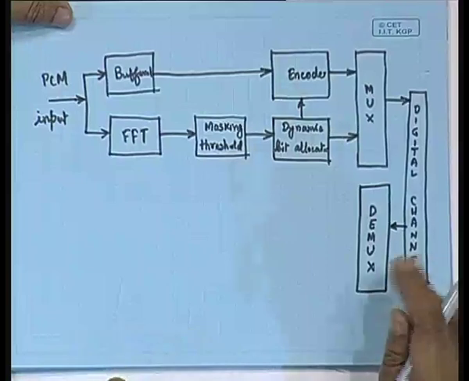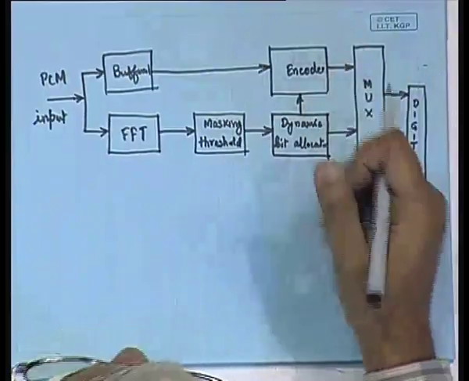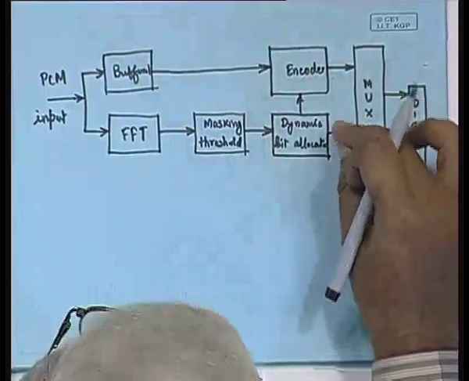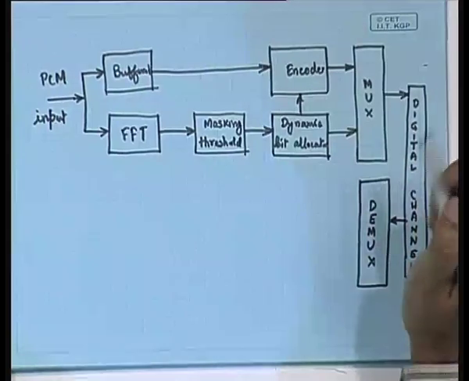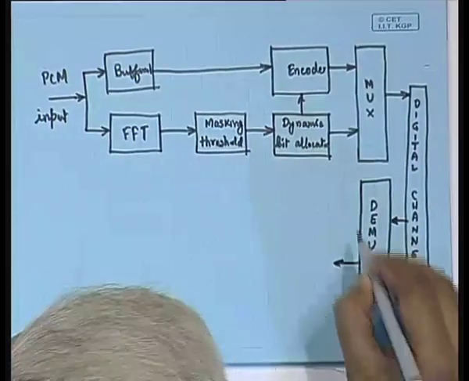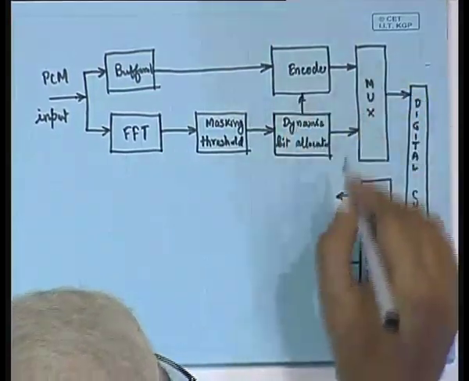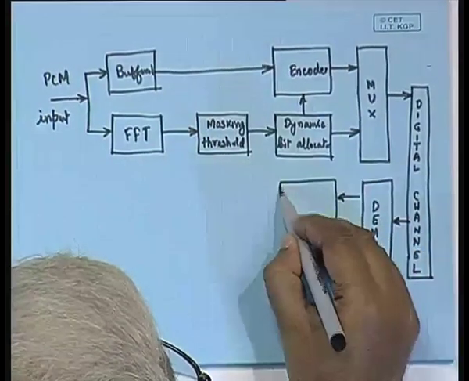The demultiplexing should separate out these two components, because we have two components: one is the encoded information and the other is the bit allocation information. So, this has to be separated out. The demux will have two paths. One is the actual coded signals, and they are to be decoded.